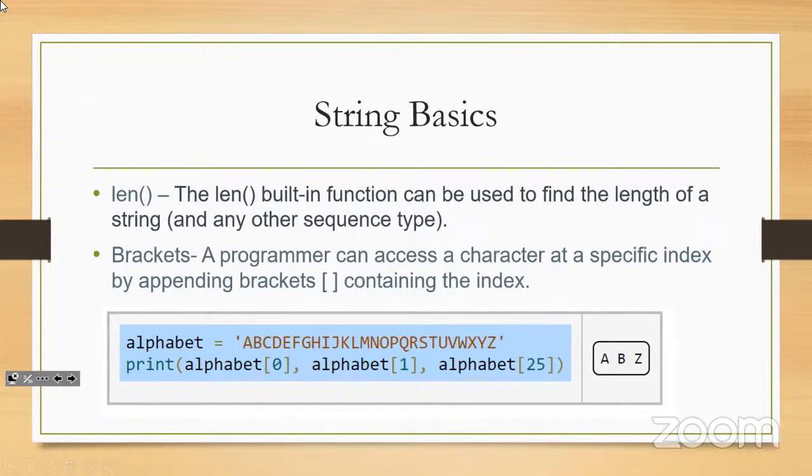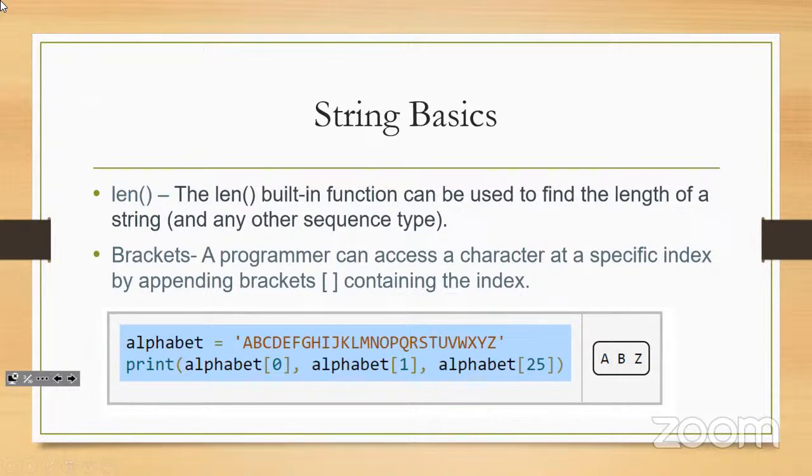Brackets, we use the square brackets to get to a specific index. If you put the string variable name and then the square brackets with a number in between, it gives you that one element at that position. Now, when we have a long string, they each have what we call an index number or a position number.